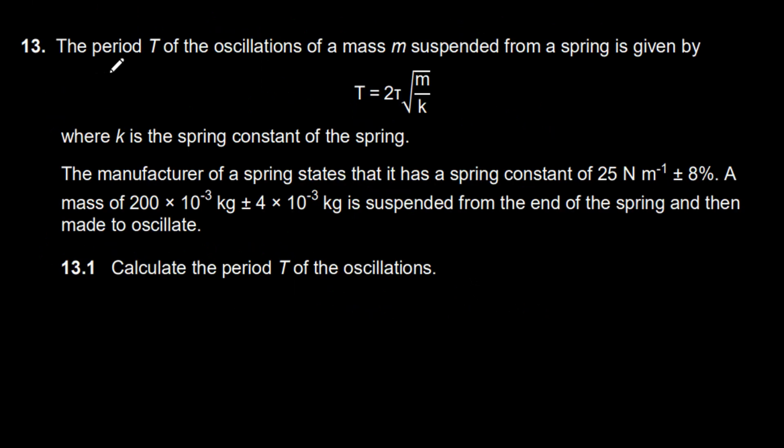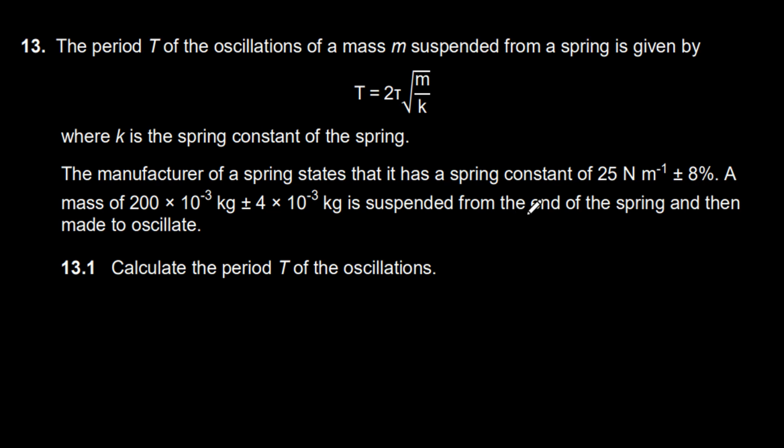In question 13 it says, the period T of the oscillations of a mass M suspended from a spring is given by this equation, where K is the spring constant of the spring. Then it says the manufacturer of a spring states that it has a spring constant of this amount and a mass of this amount.